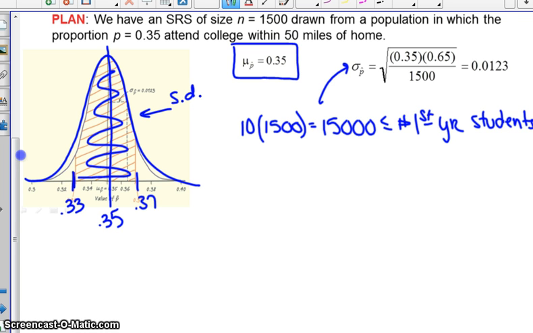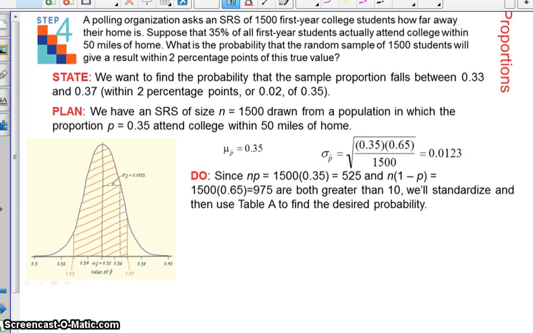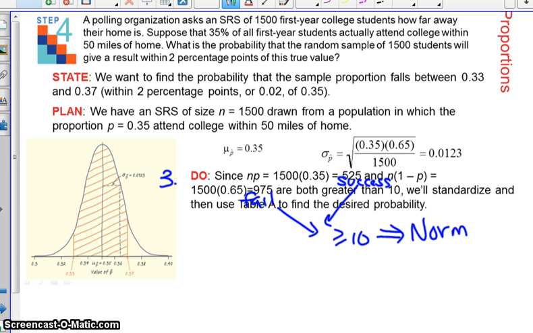Which means the next thing I want to think about in my do process, my third step, is actually doing some calculations. I can maybe use a normal distribution. Can I show that it's a normal distribution? Yes. Successes is 525, failures 975, therefore both greater than or equal to 10, I can use a normal distribution.